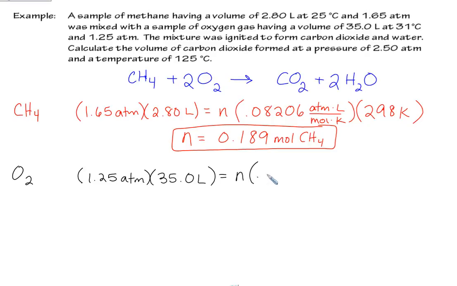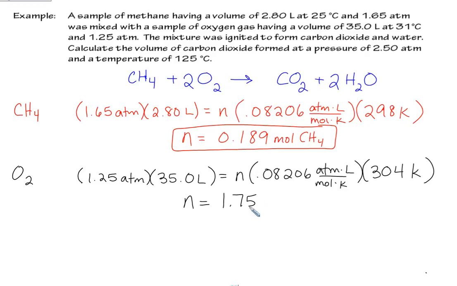My gas constant is the same, 0.08206 atmosphere liter per mole Kelvin. And my temperature is 31 degrees or 304 Kelvin. Let's plug that in. Solve for moles. Holy moly. Okay, 1.75 moles of oxygen.